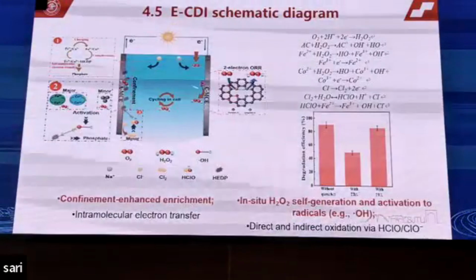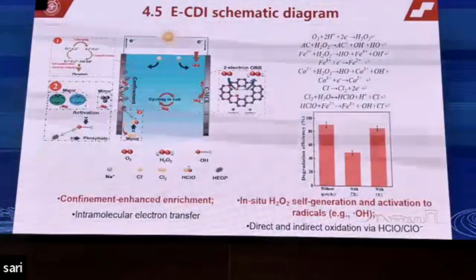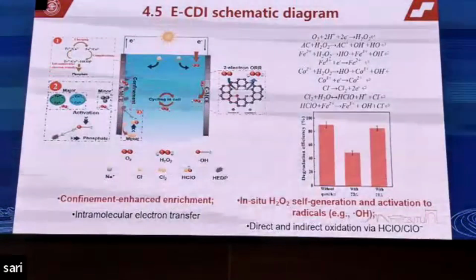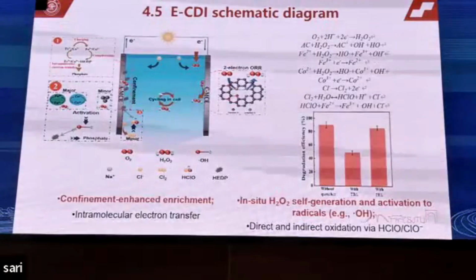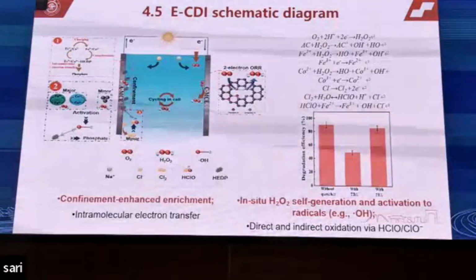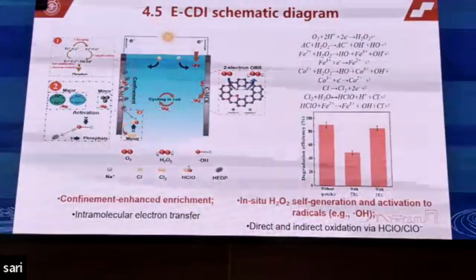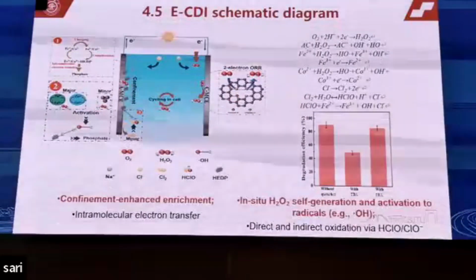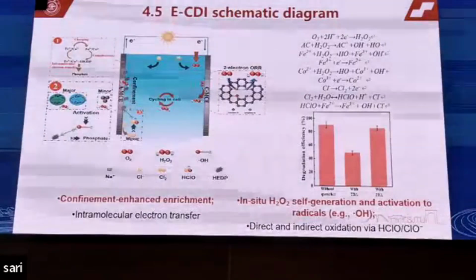We can see during this eCDI process, the negatively charged HEDP and other organophosphorus compounds will be collected on the anode. And meanwhile, the produced H2O2 will also be converted to the hydroxyl radicals.